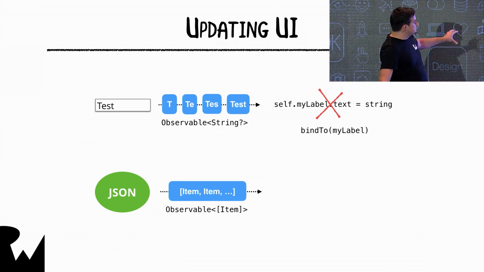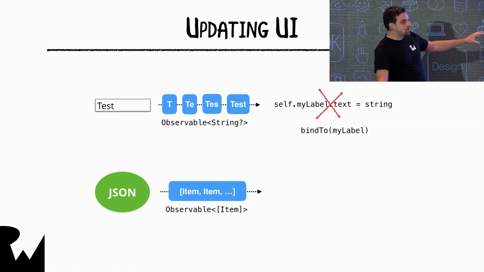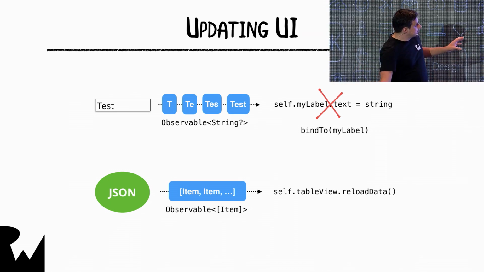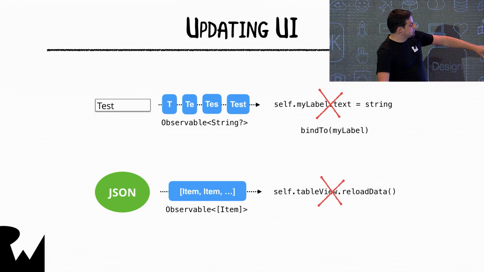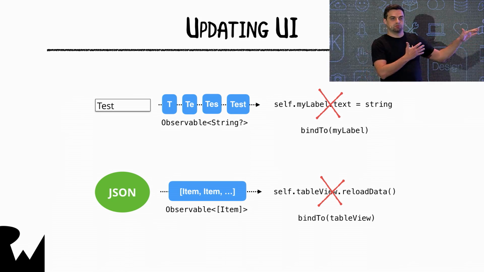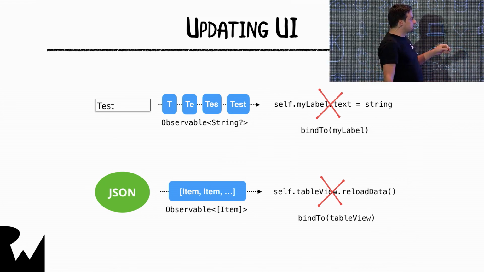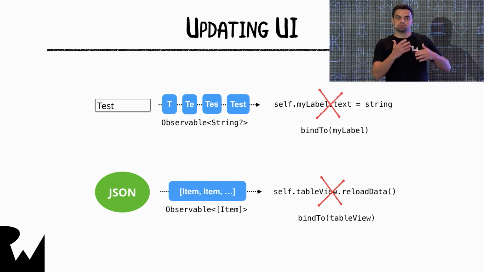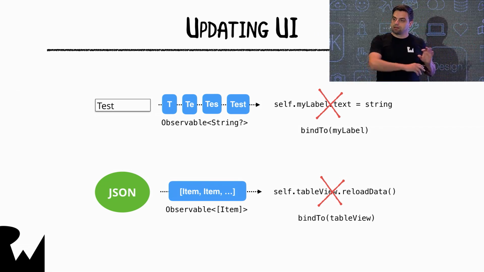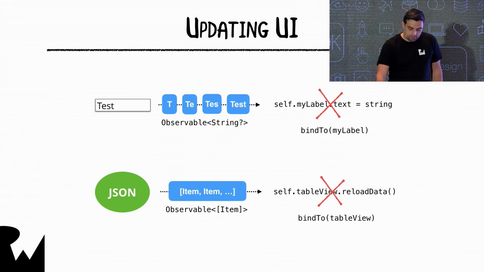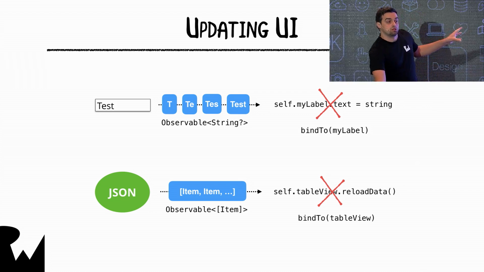But if you're fetching some JSON from the internet and turn that into an array of some kind of objects, you can use the same function bind to bind this list of objects directly into a table view. So anytime the list of objects you're fetching from the internet changes, Rx can automatically update your table view without the need of the delegate pattern, data source pattern, and so forth. And this we're going to do as well.